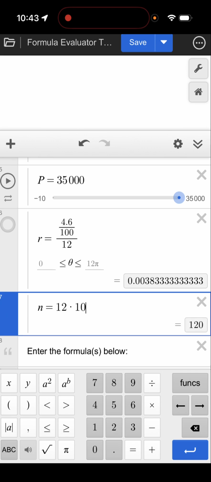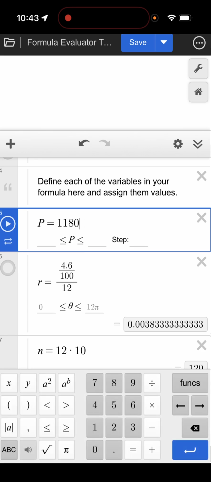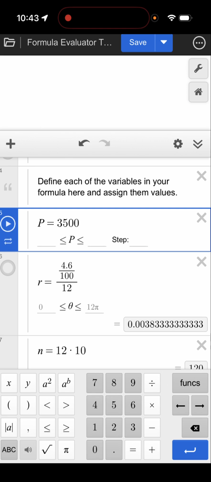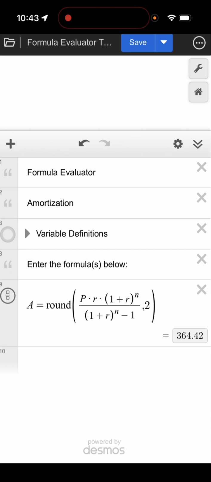What's my payment? Let's say I'm borrowing $35,000. I think that's what I said. Tap up here just to get that highlighter off. Close the variables off so you can see the formula. My payment is $364.42.